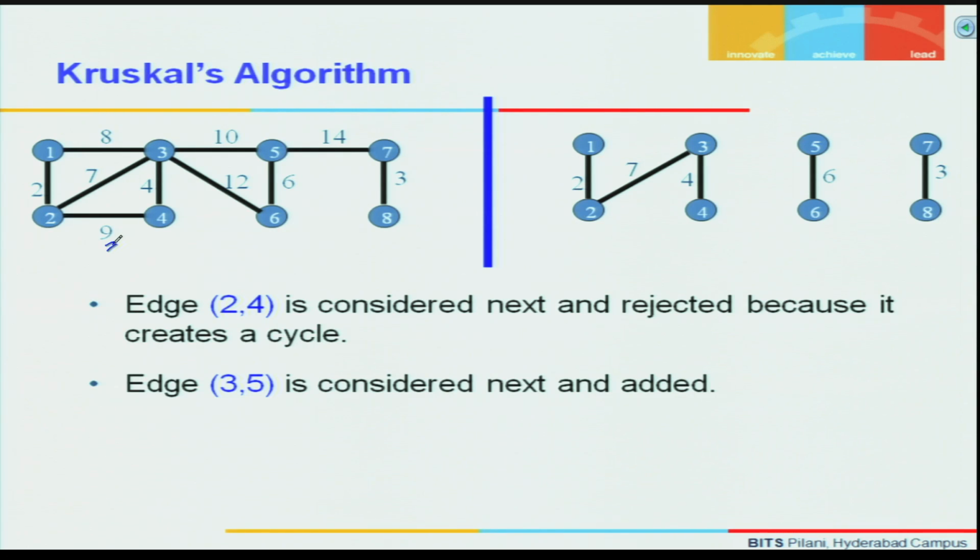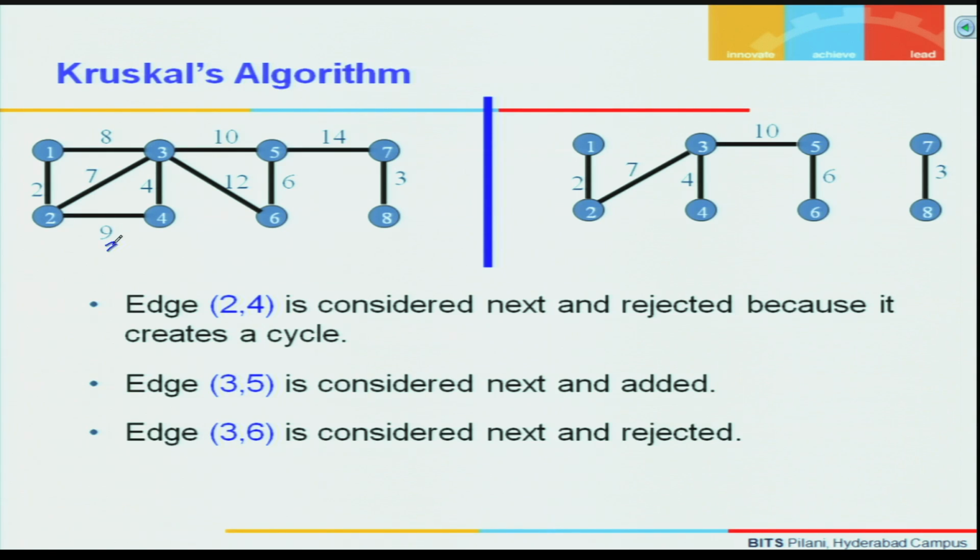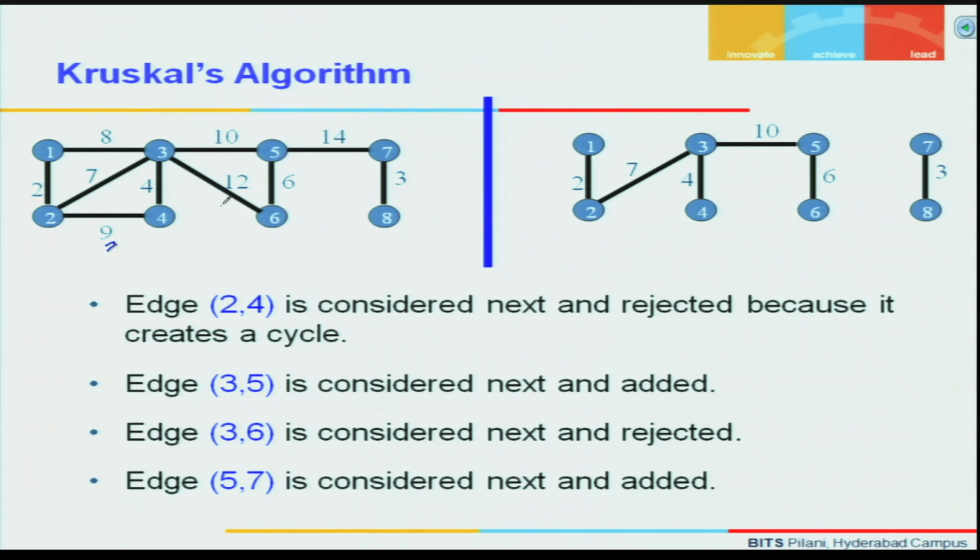What is the next weighted edge? That is 3 5, I put it. The next weighted edge happens to be 3 6, but it is forming a cycle like this. If I select this, it forms a cycle, hence I don't put that particular edge, I just ignore it.